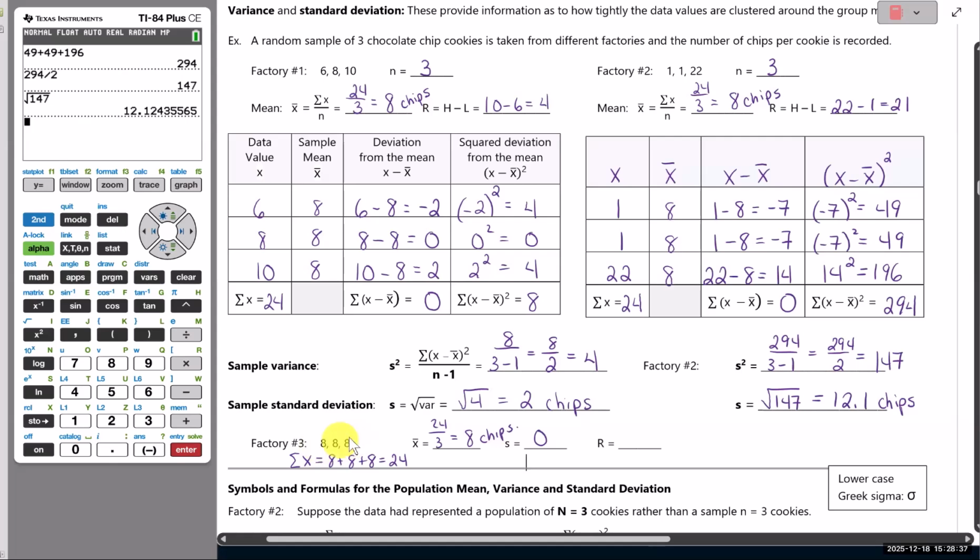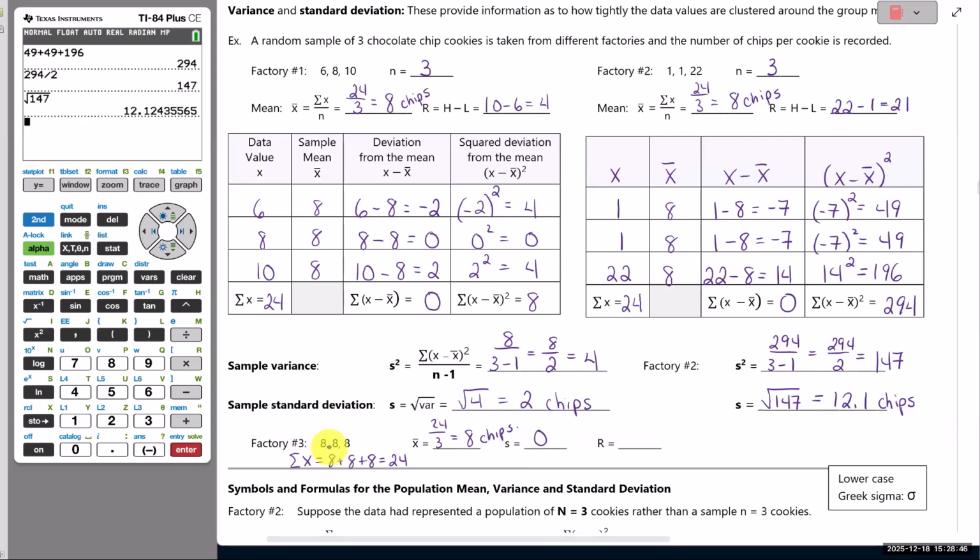So all data values are the same anytime our standard deviation is 0. And then I just threw range as well. Since they're all 8s, high minus low would both be 8. So the range would be 0. So there is no difference between a high and a low number if all the numbers are the same. All right, so that's our introduction to standard deviation for a sample.